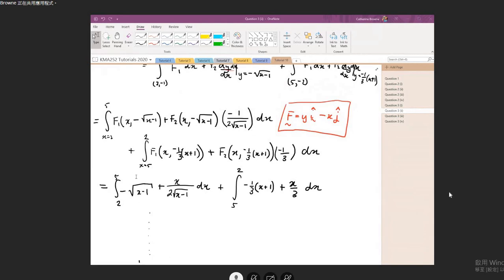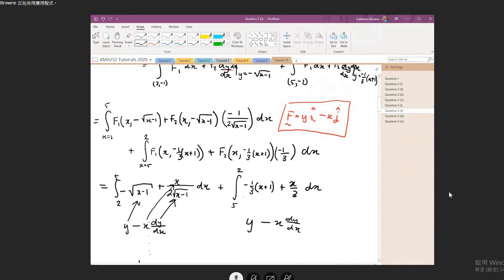So that's the y there, and then it's minus x. So it would be y minus x dy dx. And this is dy dx, and then this is the x, and then this is what y is equal to at that point. And then I've done the same again: y minus x dy dx.